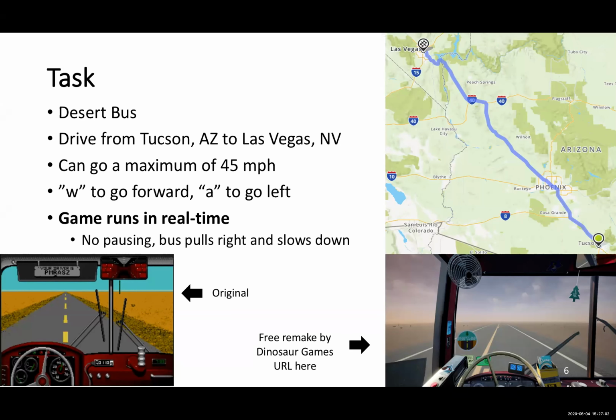And all this time, the bus will slowly be pulling to the right. And if the player goes off the road at any point, they will be towed back to Tucson in real time. Upon completing one leg of the journey, they receive 1 point and they're asked to turn around and do it again for another point. There's no pausing in this game, so all of this has to be done in one sitting.